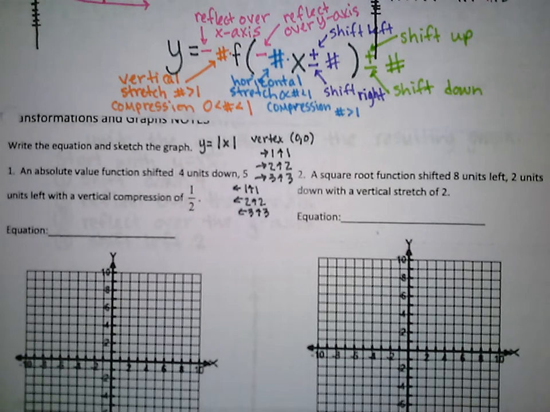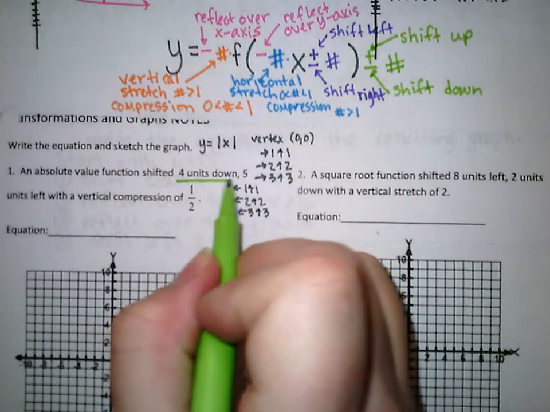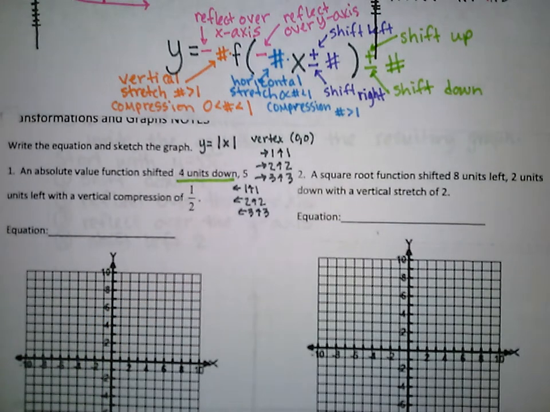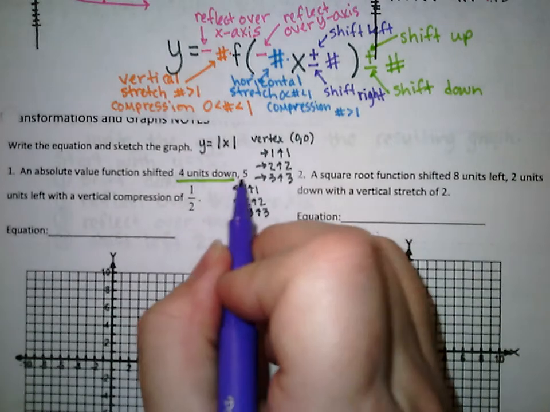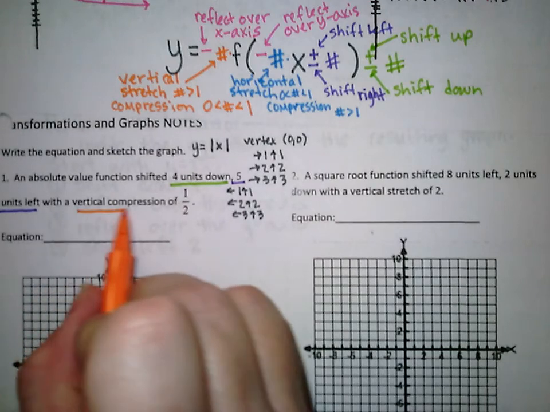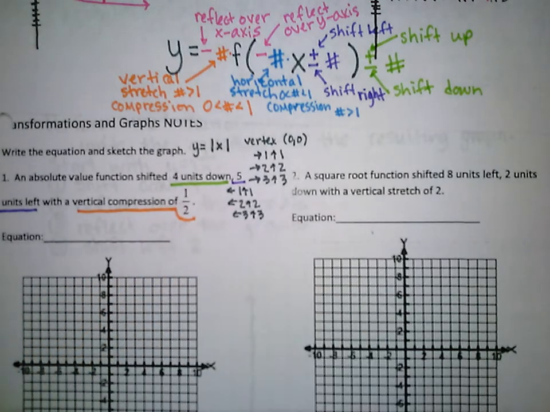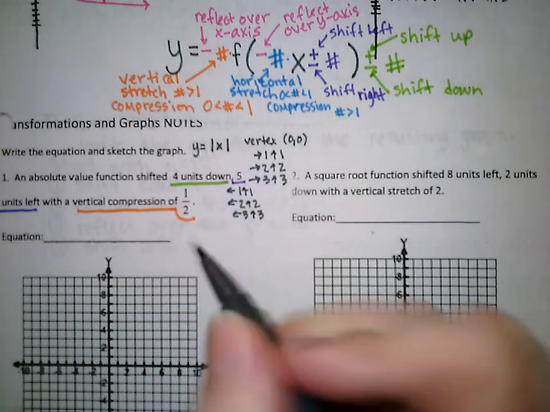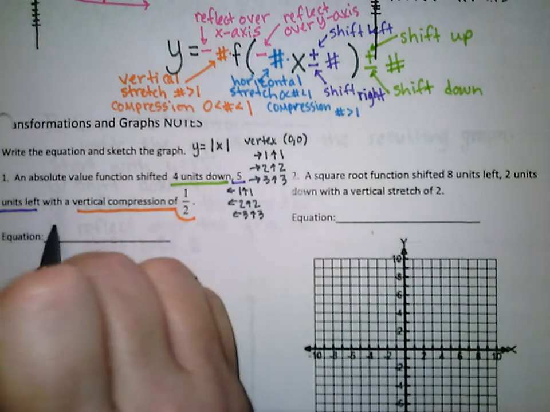So we need to have that graph, but we need it to be shifted 4 units down. And then also 5 units left. And have a vertical compression of 1/2. So we're going to take our equation, we're going to make it y equals.